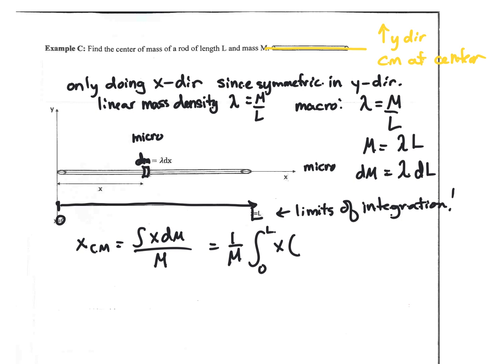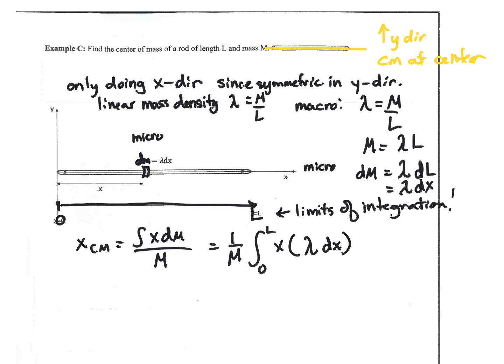Lambda dl. Well, L is an x location on the x-axis, so this becomes lambda dx, which is cool because now we're integrating with respect to x, the coordinates that we know.